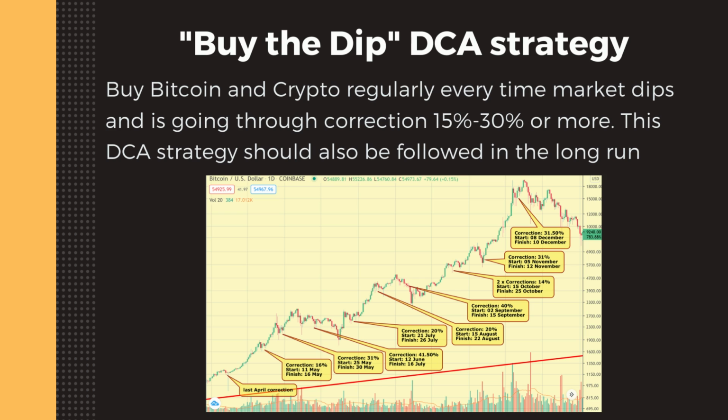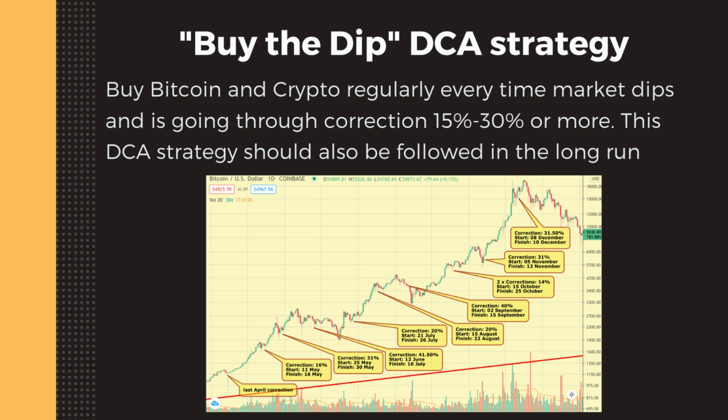To be able to use this strategy, you will have to keep an eye on Bitcoin and cryptocurrencies price changes regularly, and as soon as cryptocurrency drops, then you enter the market and buy it with your fiat amount of money.